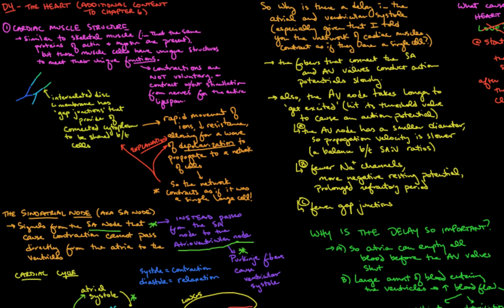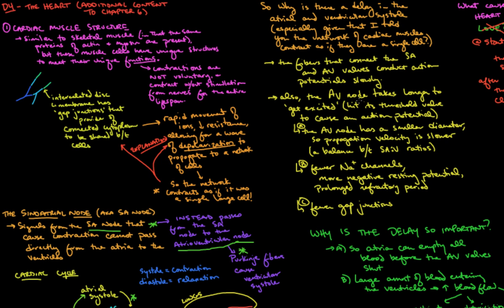So that same signal that's being sent through these Y-shaped cardiac muscle cells in the atria gets slowed down on its way to the ventricle. The atria work as a network contracting, and then there's a delay before the signal is sent to the ventricular network of cardiac muscle cells that then will contract as a separate unit.